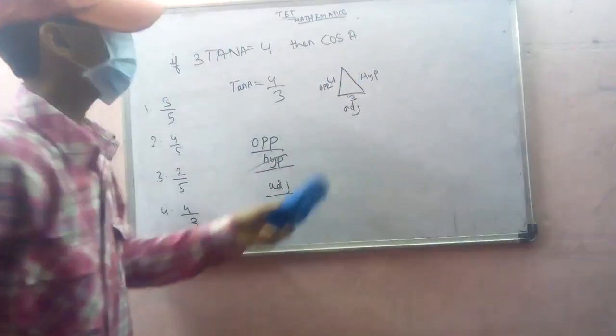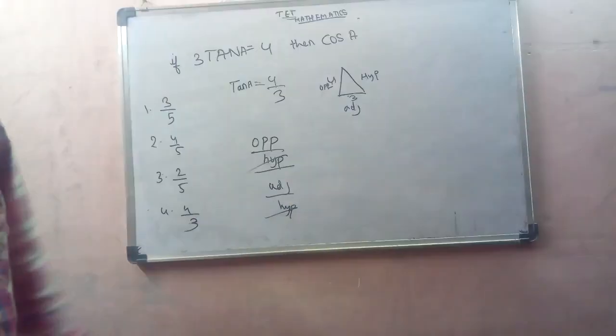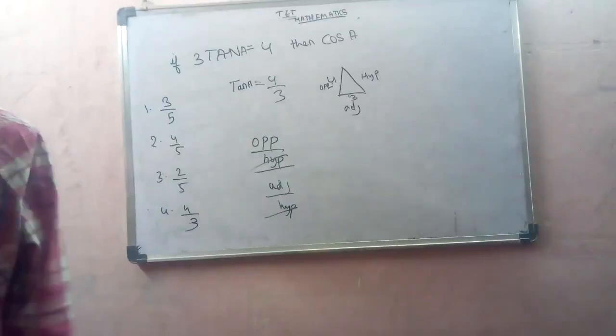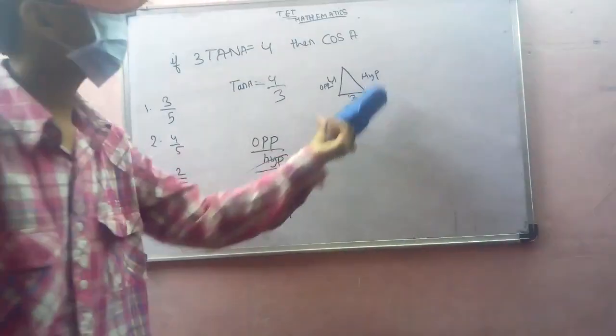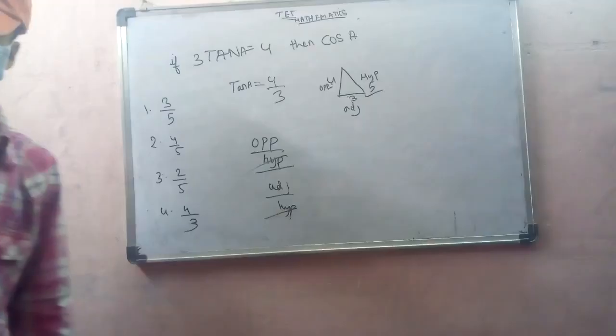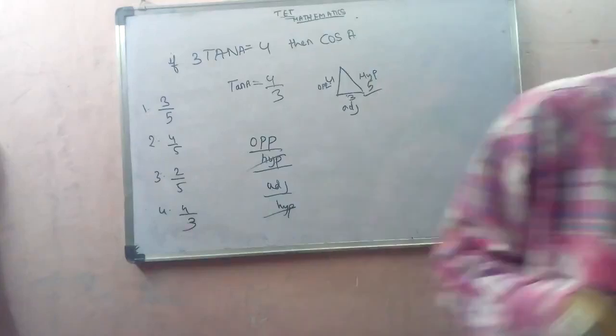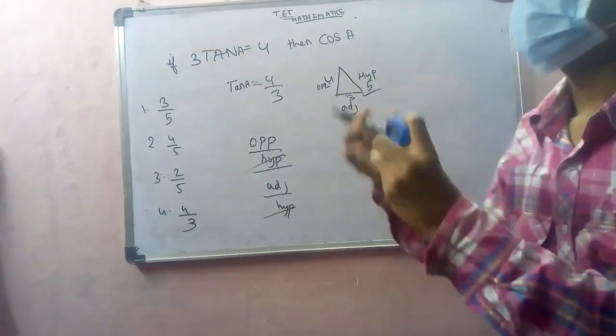Now if you want the cos a value, we need the hypotenuse. But here there is no hypotenuse given. I am telling you the hypotenuse is 5. You may say, sir, you know the 3-4-5 triplet, that's why you are giving the direct answer. But no, there is a reason. You should know Pythagorean triplets.